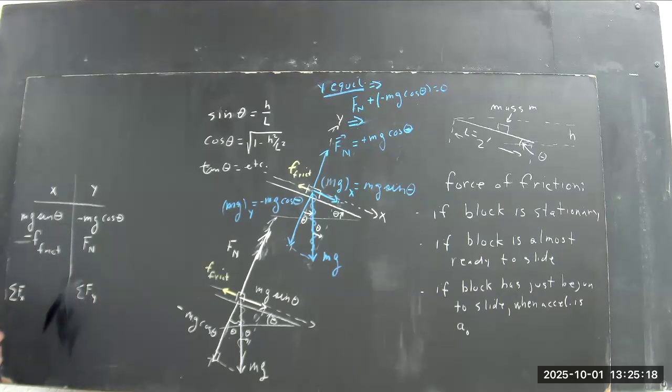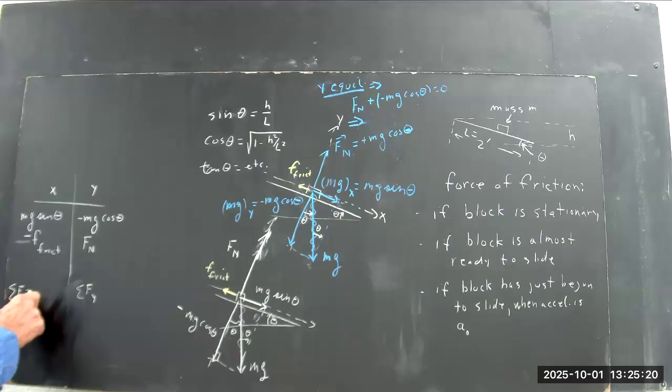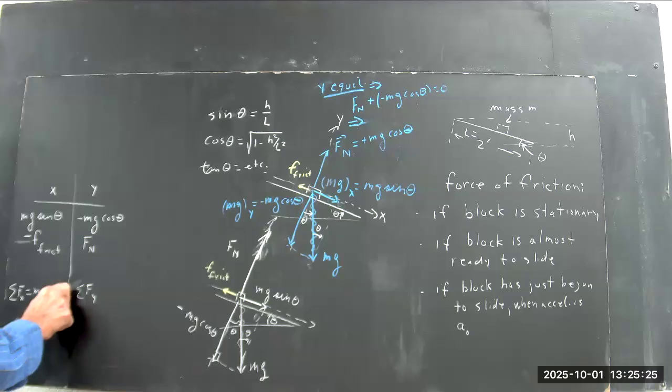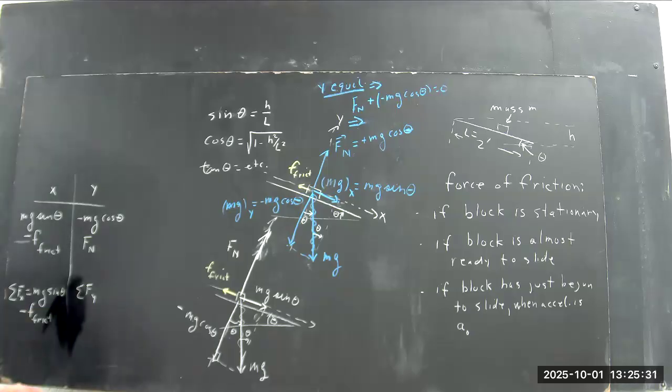We can list the sum of our X forces. That's mg sine theta minus the force of friction.